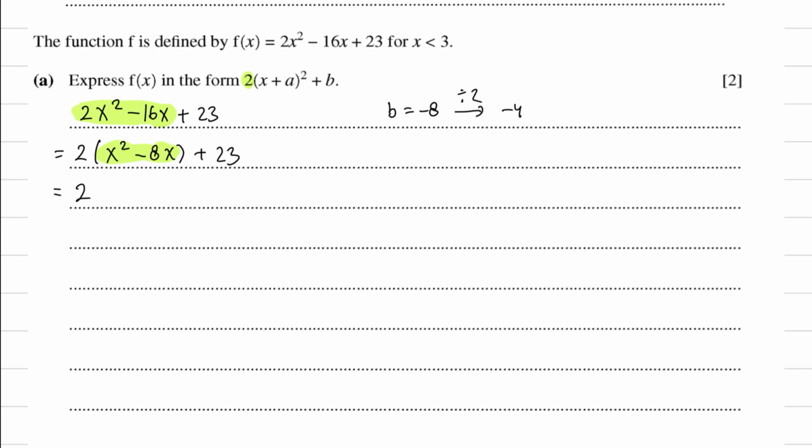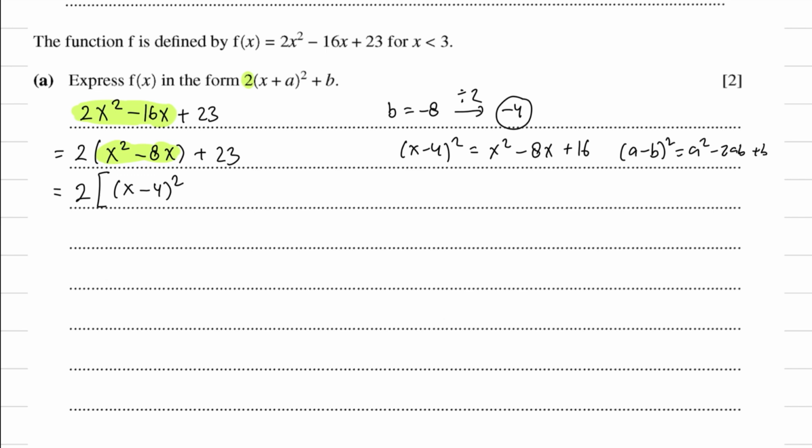So this is 2, and we put big brackets, square brackets, and then we put x in the bracket, and then we take the minus 4 here, and then square. But when we expand (x minus 4) squared, you will get x squared minus 8x plus 16, using this formula, (a minus b) squared equals to a squared minus 2ab plus b squared.